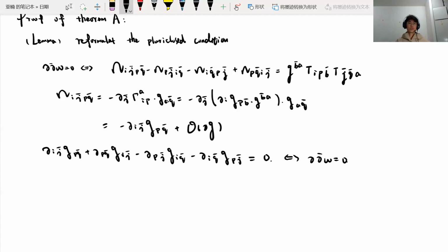By direct computation. So from this lemma, we know that if we always assume the curvature is bounded in our theory, then the torsion is bounded. Actually, the torsion is just scalar curvature, some different scalar curvature.